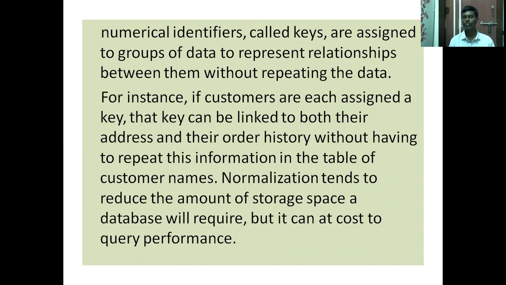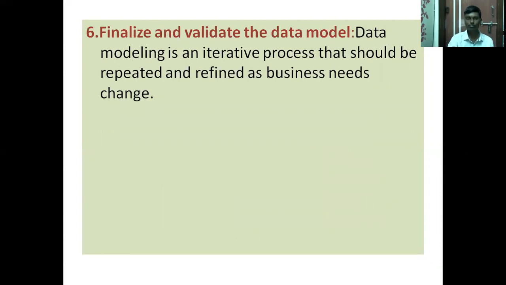Which means if a key is assigned to both their address and their order history, we have to mention it only once in the table, by which we can reduce the storage and get clarity about the keys and an idea about the customer. Normalization tends to reduce the amount of storage space a database will require, as I've said before, but it can cost query performance.